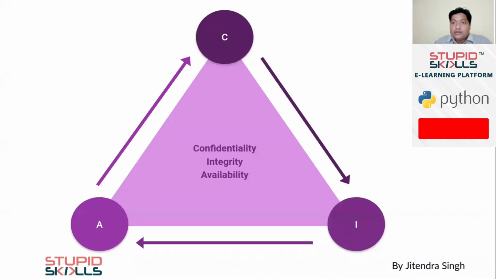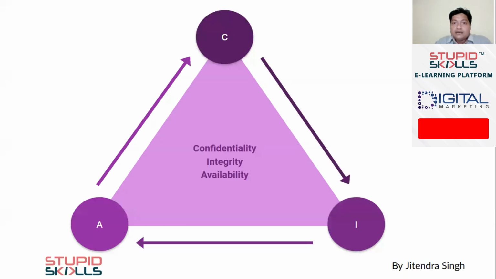Say there are two people interacting, either on the internet or a chat, or personally, and they find that there's a particular piece of information which needs to be kept secret and should not be told to others. Then that particular information is said to be confidential.